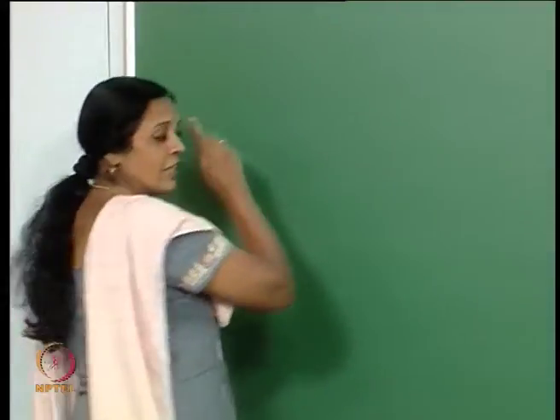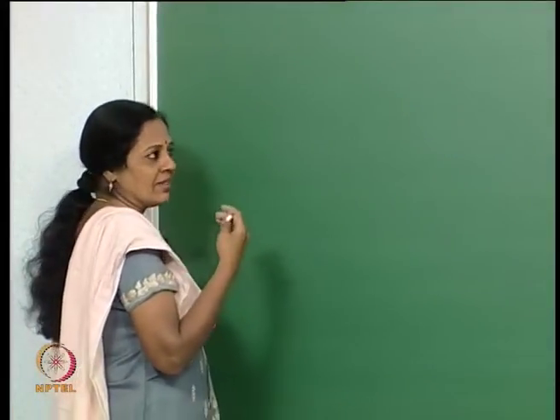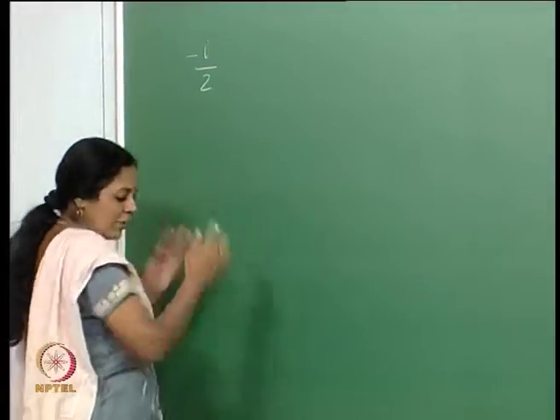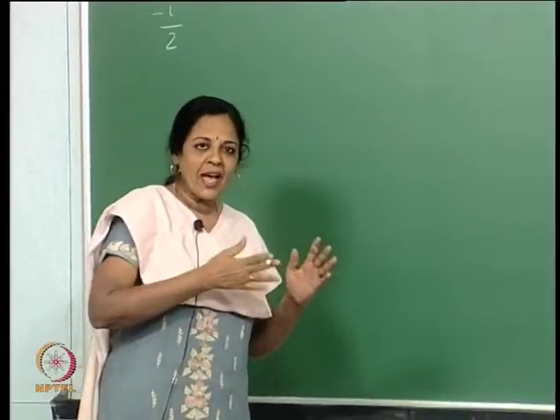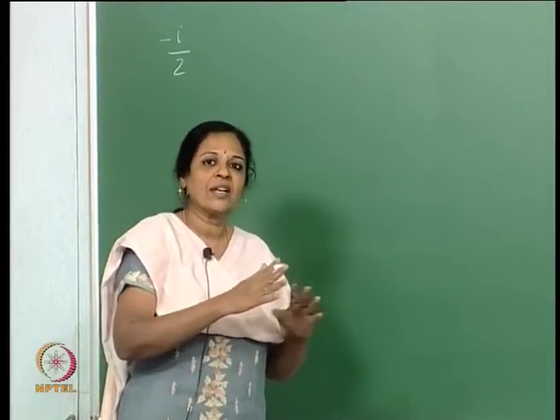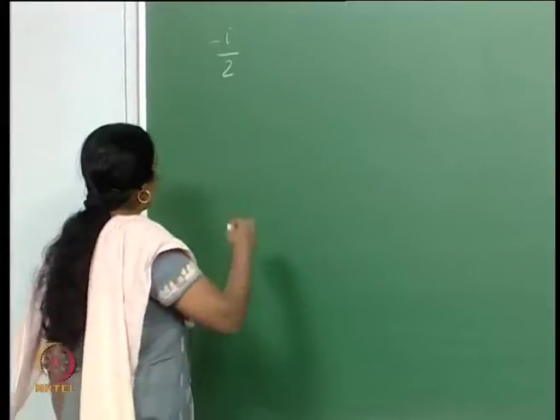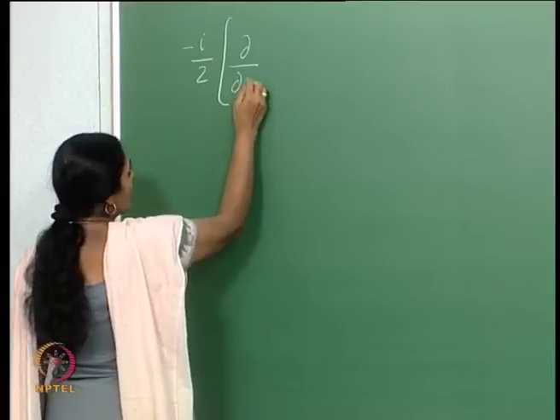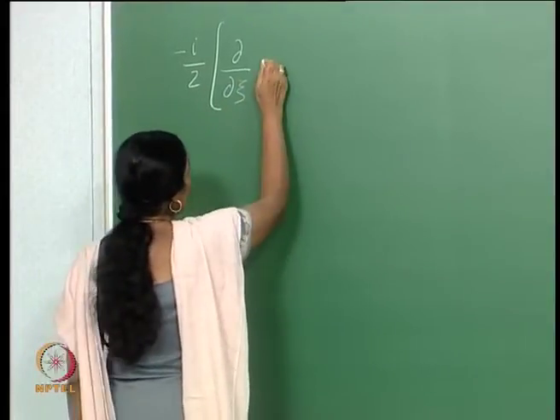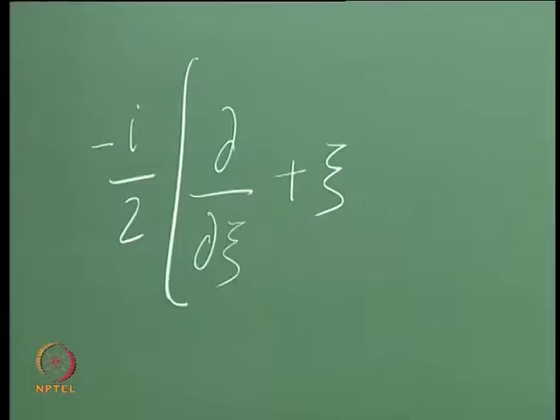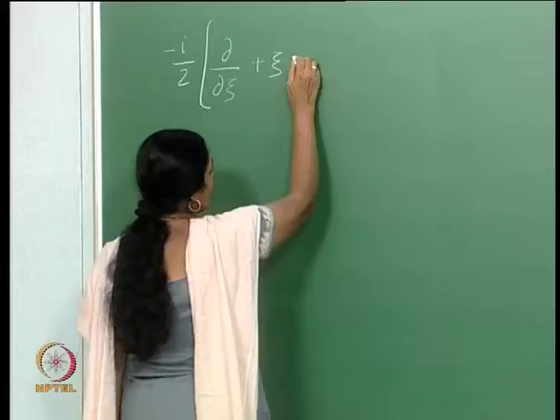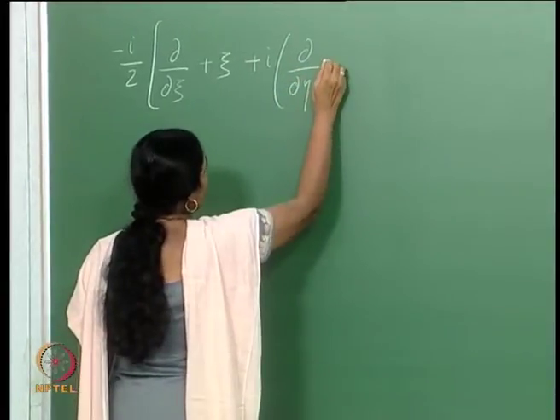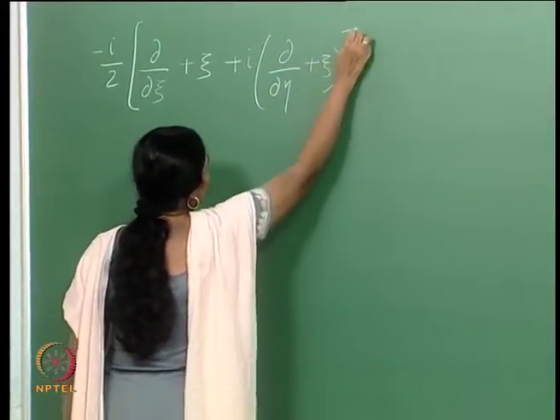So in terms of the variables zeta and eta, what do I get for the differential equation? The equation is simply that B acting on the ground state is 0. It's the annihilation operator on the ground state. So I have, apart from a minus i by 2, ∂/∂zeta plus zeta, if I recast the equation in terms of zeta and eta, plus i times ∂/∂eta plus eta.